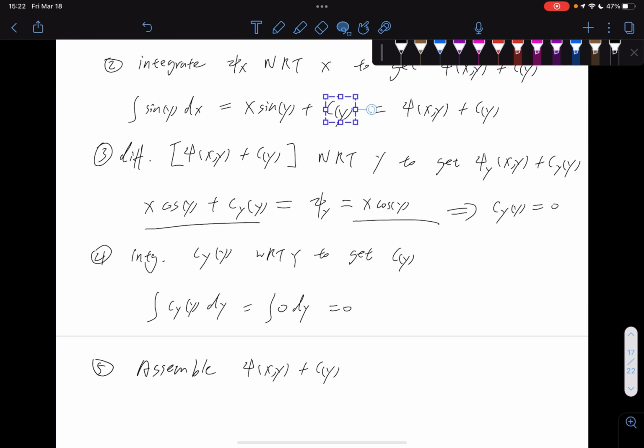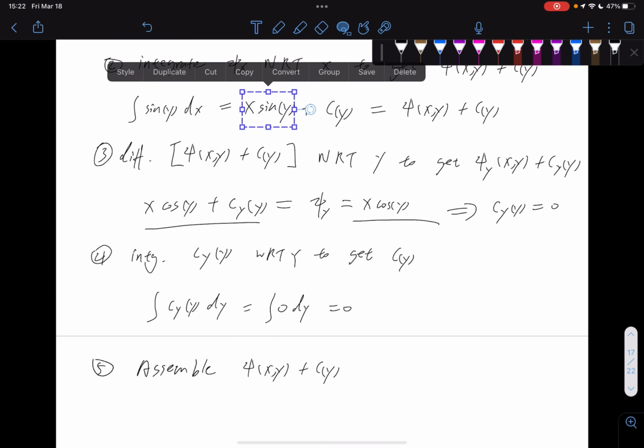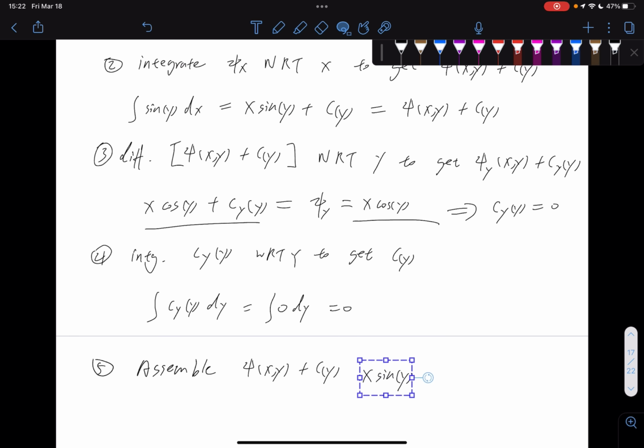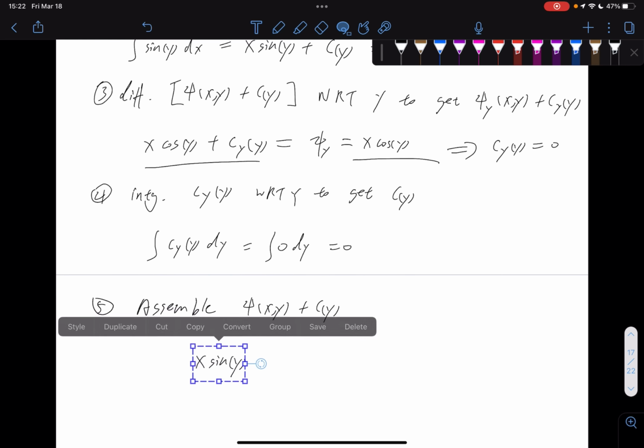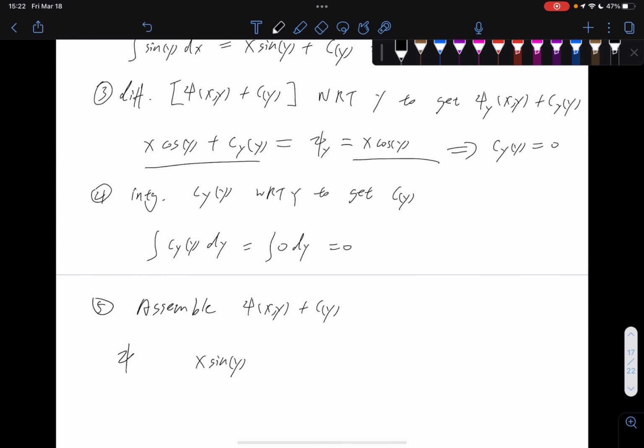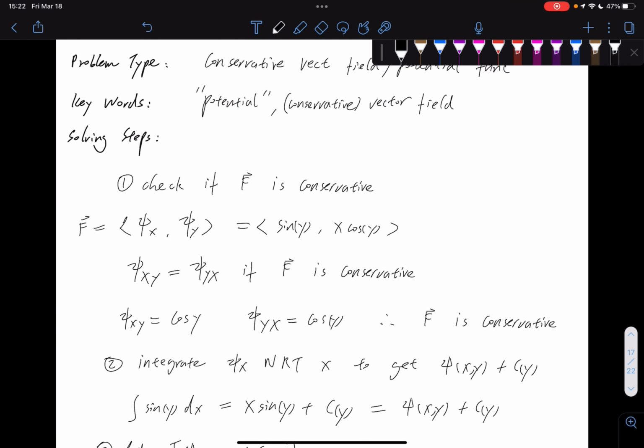But our c of y, we just determined that it's equal to 0 from step 4. So our ψ of x, y equals x sine y plus 0.